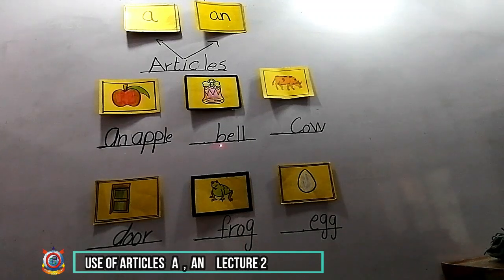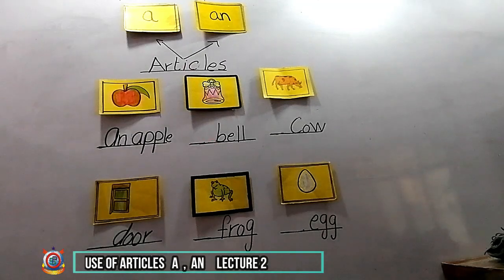Yes, it is a consonant. What did I write here? B is a consonant. So with B we write a bell. What did we write? A. Very good. Clap for yourself.